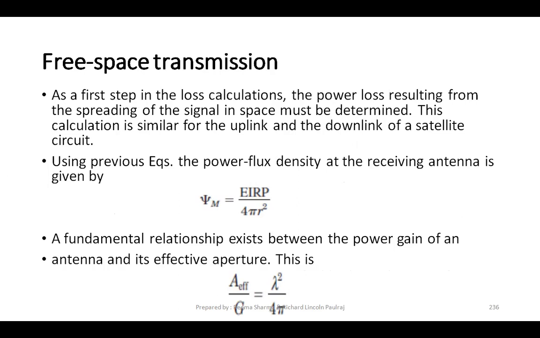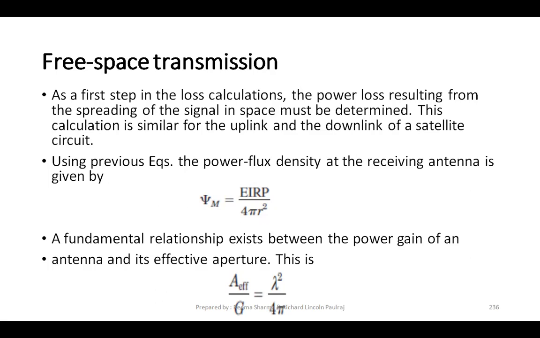As a first step in loss calculations, the power loss resulting from spreading of the signal in space must be determined. This calculation is similar to the uplink and downlink of the satellite circuit. Just like how we calculate the uplink and the downlink, in the same way this free space transmission is also calculated.